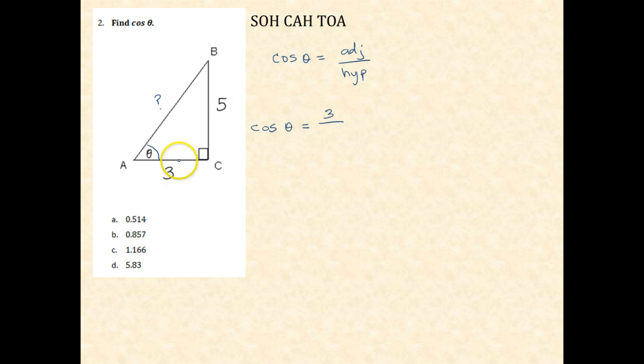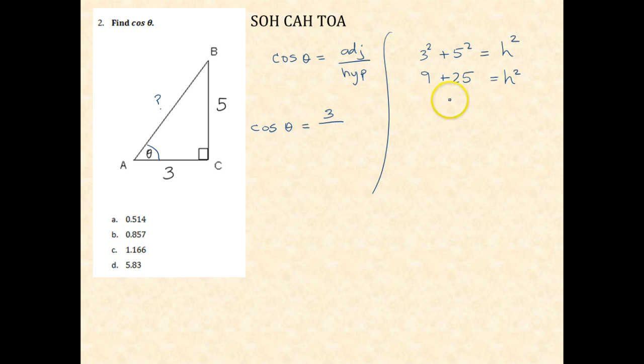That is a riddle we can solve using the Pythagorean theorem. Got a right triangle, so the sum of the squares of the legs is going to equal the square of the hypotenuse. So 3 squared plus 5 squared equals hypotenuse squared. 3 squared is 9. 5 squared is 25.